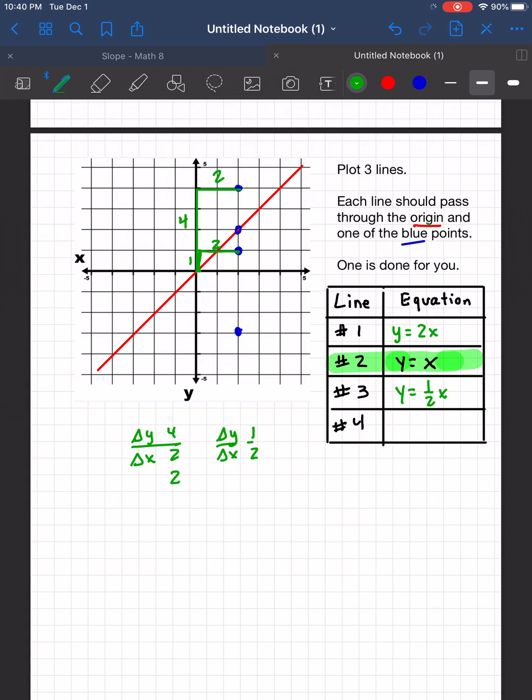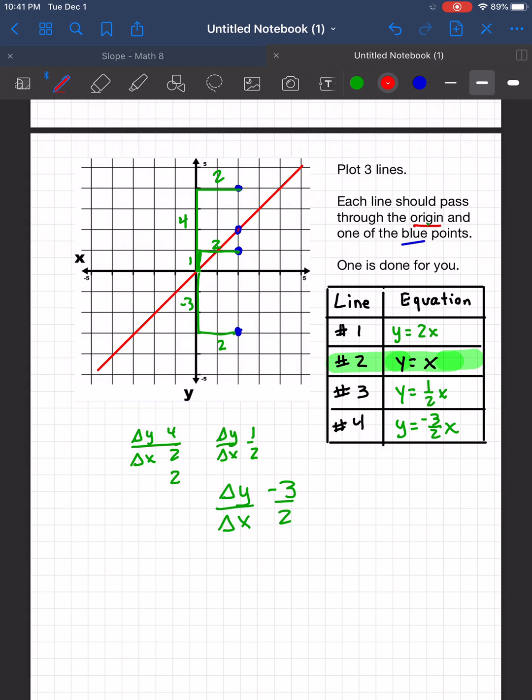Then for the last blue point, from the origin, I'm going to have to go down 3 spaces and right 2 spaces. So my change in y is -3 because I moved down, and my change in x is 2. So my equation is y equals -3/2 x.